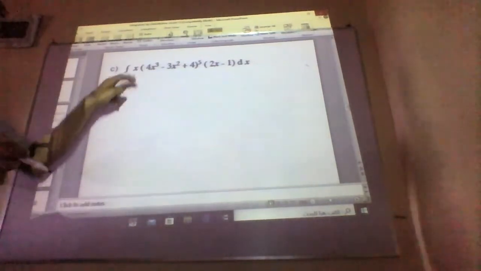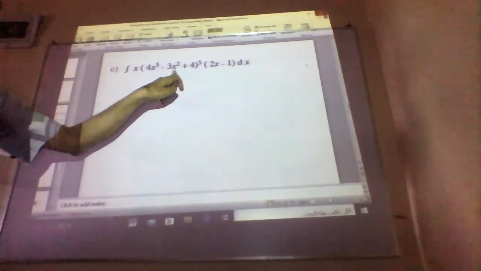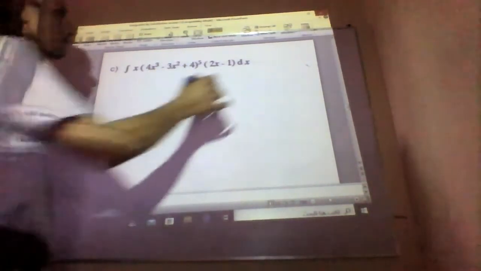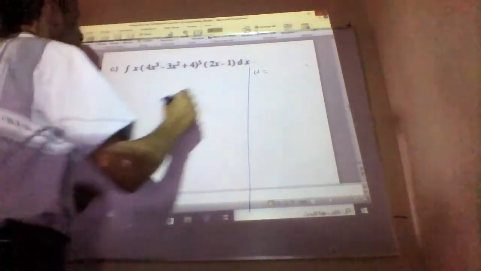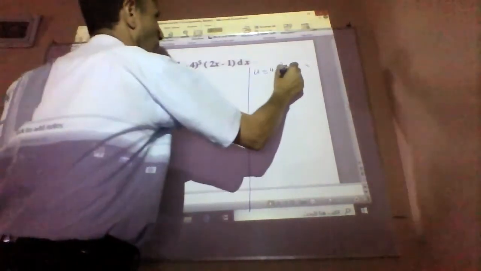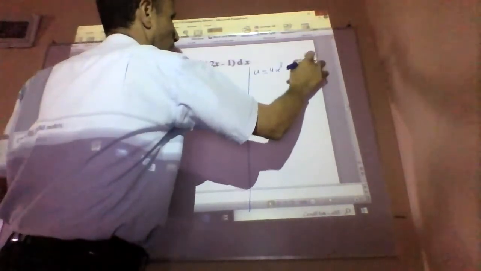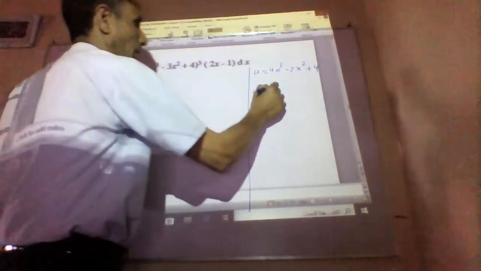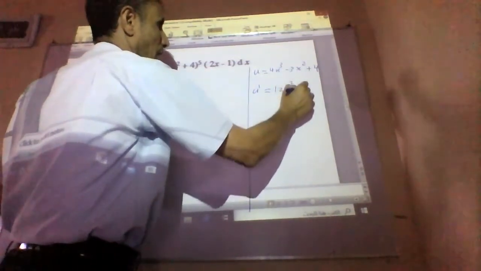Now we have x times 4x power 3 minus 3x power 2 plus 4, all power 5, multiplied by 2x minus 1. Taking u equal 4x power 3 minus 3x power 2 plus 4, u dash will be 12x power 2 minus 6x.